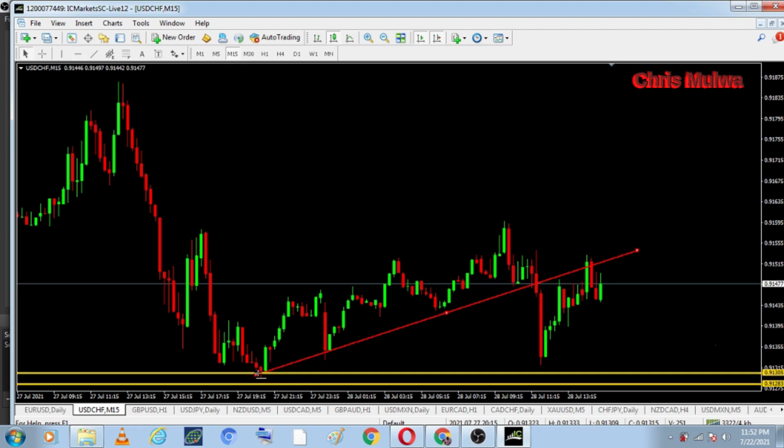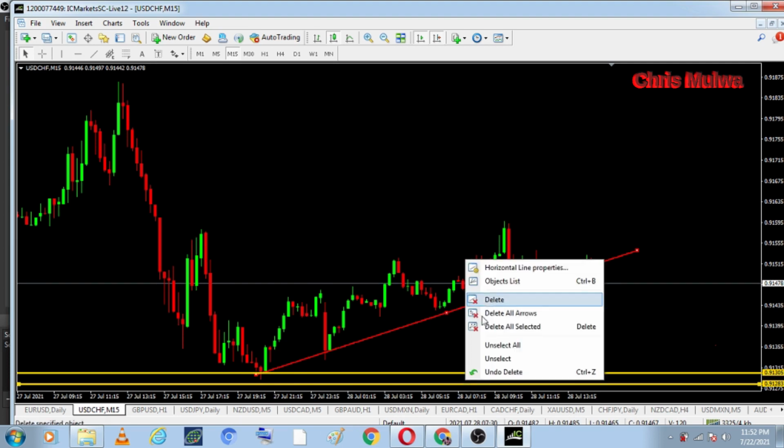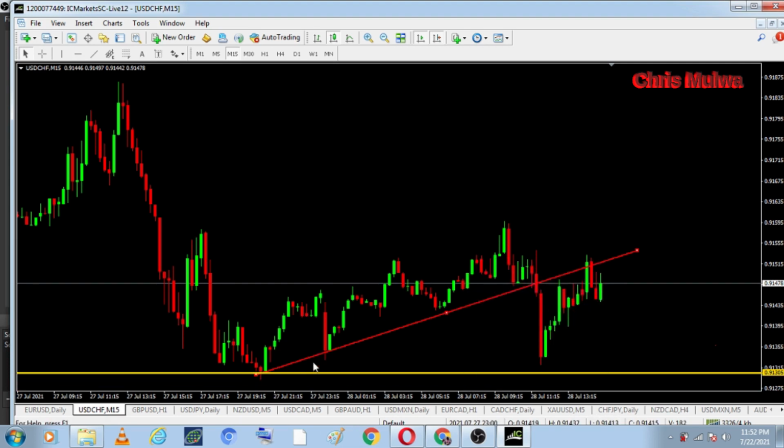I will delete this stuff. I add another trade line. Be patient and wait to see what will happen or what we will do here. As you can see, the market was going up. It was at a nice upward movement that we could scalp, but it broke the trade. Remember, I'm using the live account, the live market.